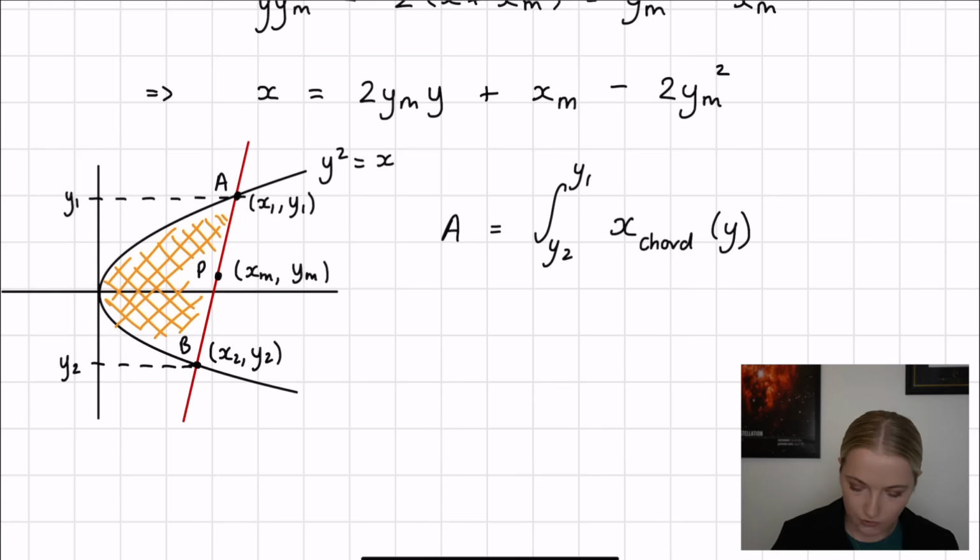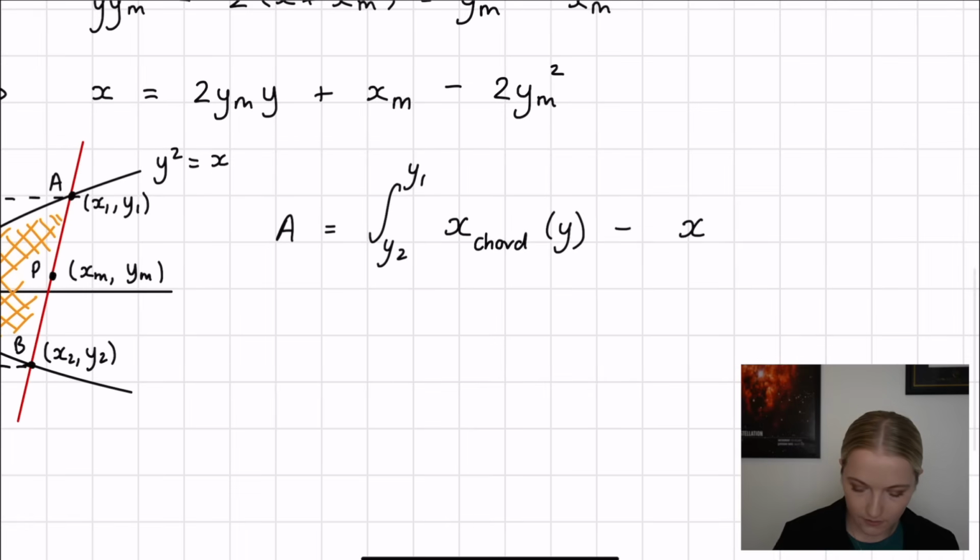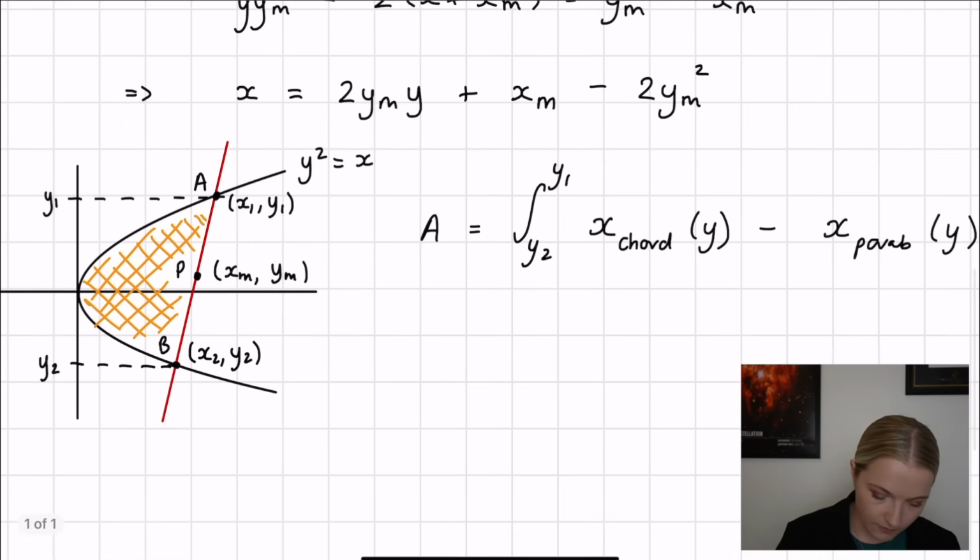And then we would subtract the x value of the parabola in terms of y. That's because that would be all of this area under here, like I mentioned. And so then what you'd end up with is this area, which is exactly what we want.